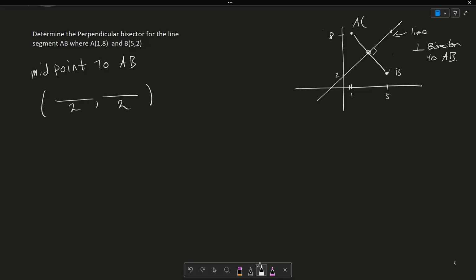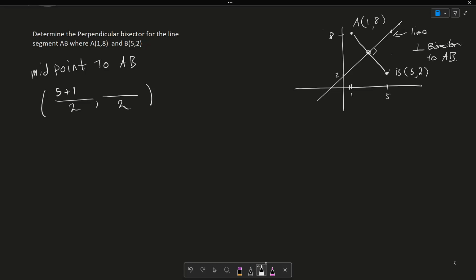Knowing that my point A has coordinates (1, 8), and my point B has coordinates (5, 2), I'm going to find the average of the x coordinates: 5 plus 1, divided by 2.